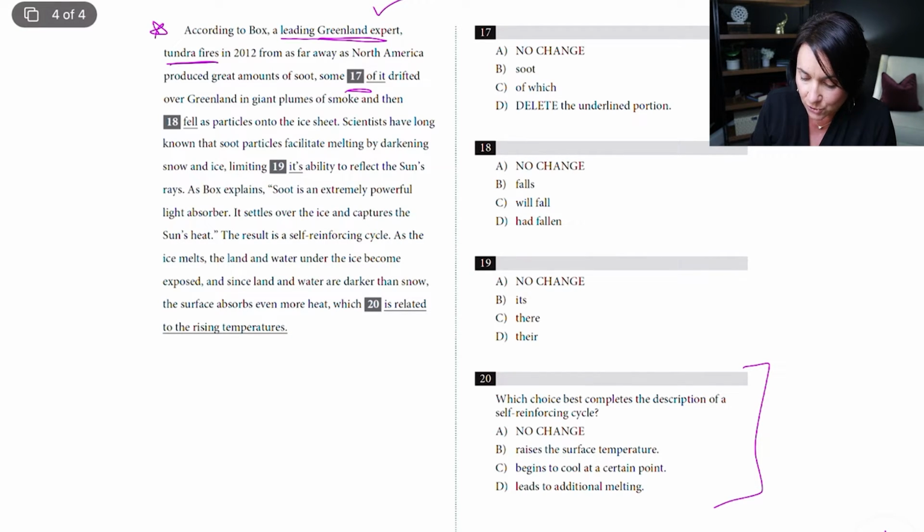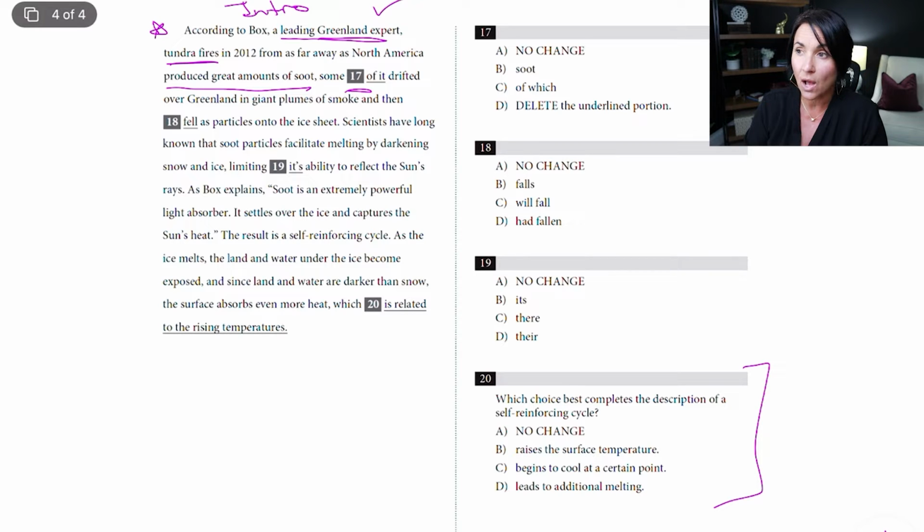But let's start here with tundra fires, because this right here is an intro clause and I don't really need to consider it when I'm looking at number 17. So let's make tundra fires our subject, because that's what it is. Tundra fires in 2012 from as far away as North America produced great amounts of soot. So basically I'm saying tundra fires produced great amount of soot.